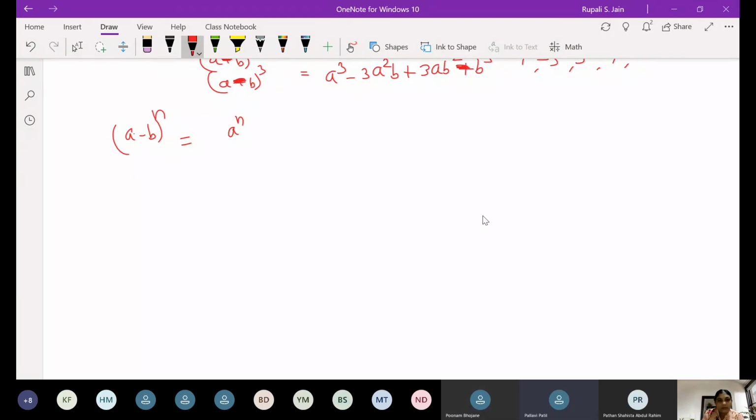What is the formula in terms of summation? Binomial formula.